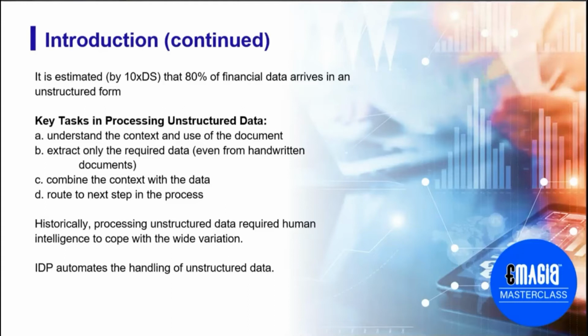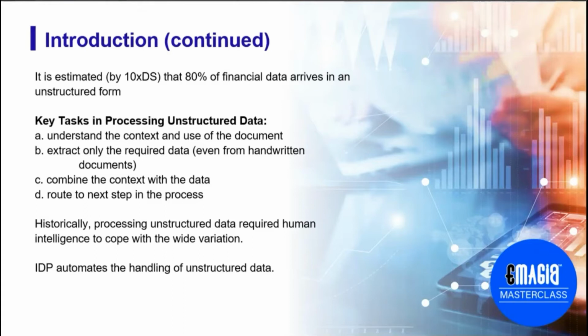And then you need to combine the context with the data and then route to the next step in the process. Now, historically, given the wide variation and these 4 key tasks, it basically was up to human beings and human intelligence to cope with this wide variation. But that's changed. IDP automates the handling of this unstructured data.